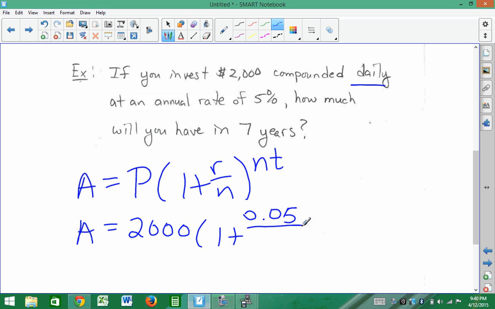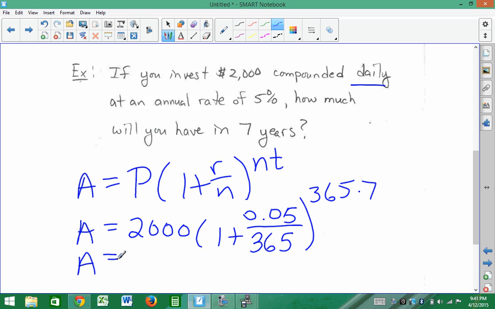Over n, the number of times. So do we use 360 or do we use 365? There's not much of a difference. We're going to go ahead and just use 365. To the nt, so 365 times the number of years, in this case 7. So it's going to be a very large exponent.